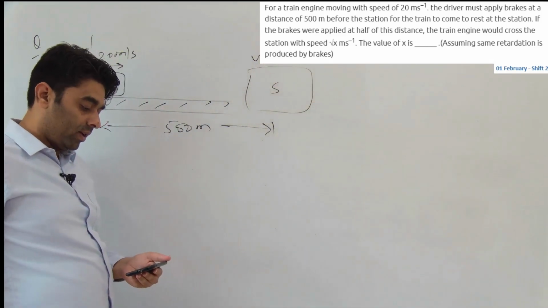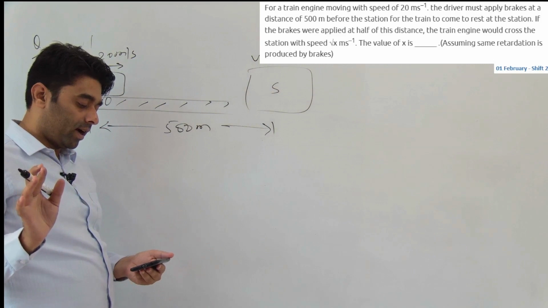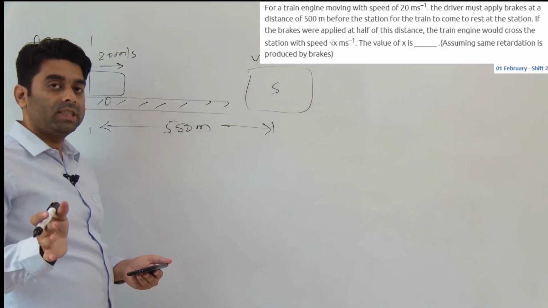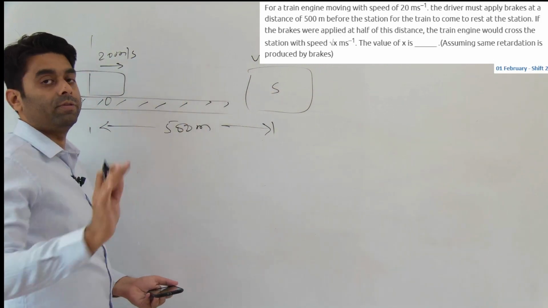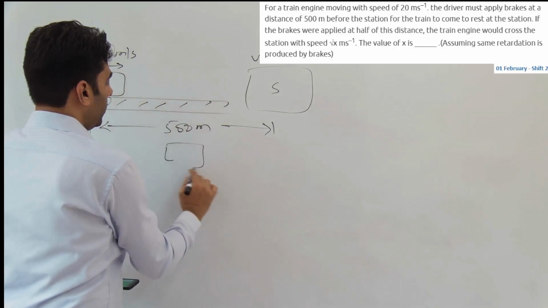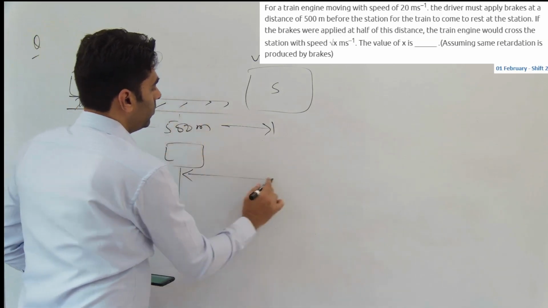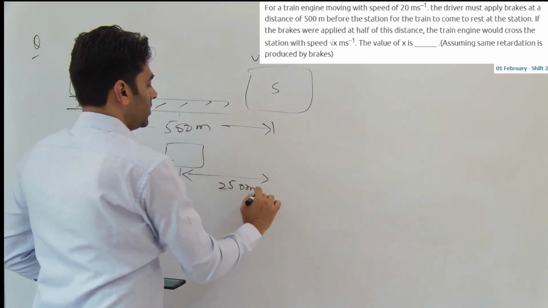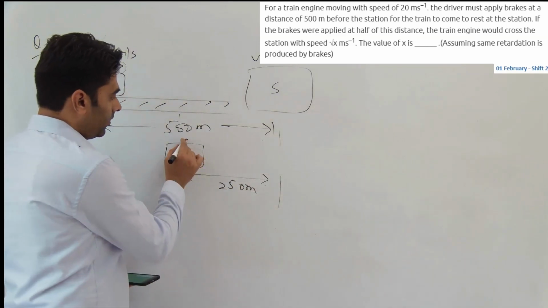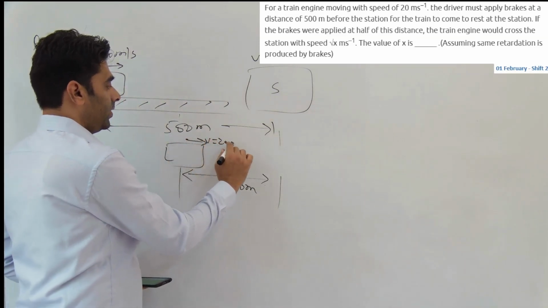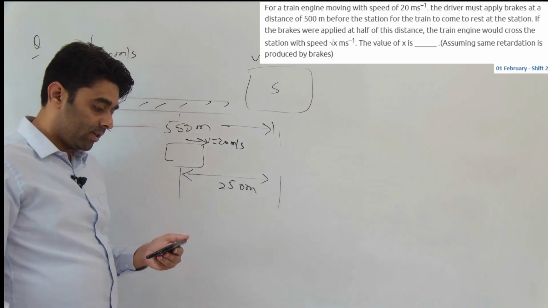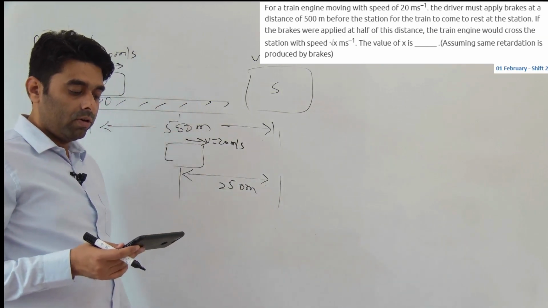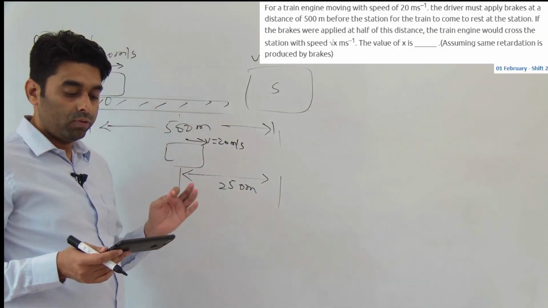But he says if the brakes were applied at half of this distance, that is at 250 meter, that means when the train was at a distance of 250 meter from the station, the brakes were applied, with speed still 20. So they are asking you that the train engine will cross the station with a speed of root x meter per second.